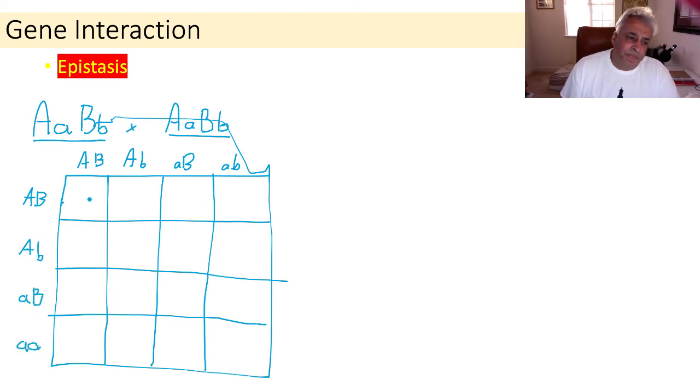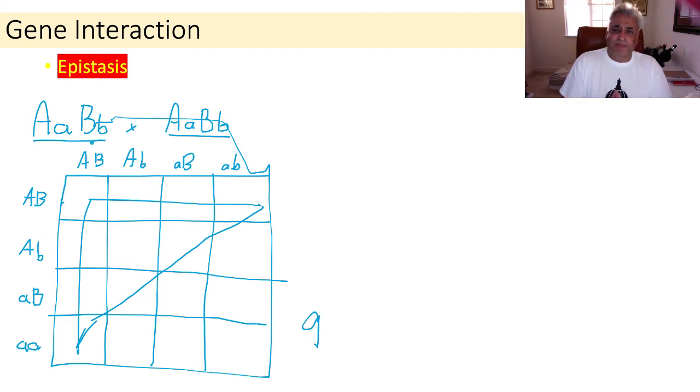What we find in terms of phenotype is that these boxes, and these boxes, and these two boxes, so you get this little triangle here, all these 9 boxes will have the dominant phenotype for both A and B. Then 3 of the boxes, this one here, and this one here, and this one here, will have the dominant allele with homozygous recessive for B, so it'll have one dominant and one recessive trait.